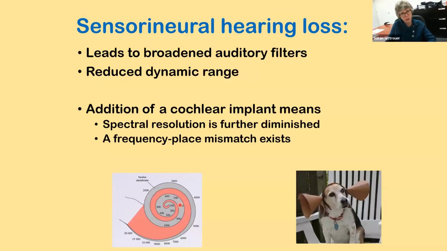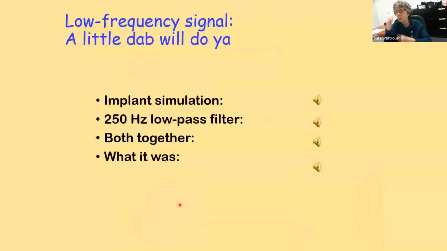So, a cochlear implant, it's remarkable that any listener does as well as they do with a cochlear implant. That's evidence that we hear with our brain. So what can we do about it? This is just a little simulation showing you that often, as we know, listeners with even severe hearing losses have a little bit of hearing remaining in the low frequencies.